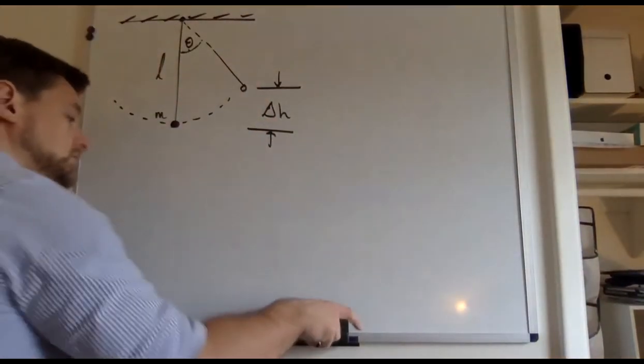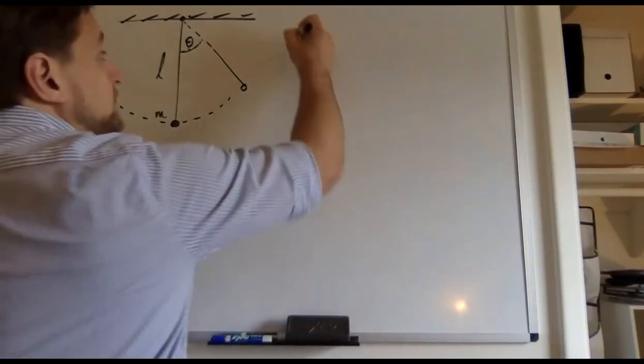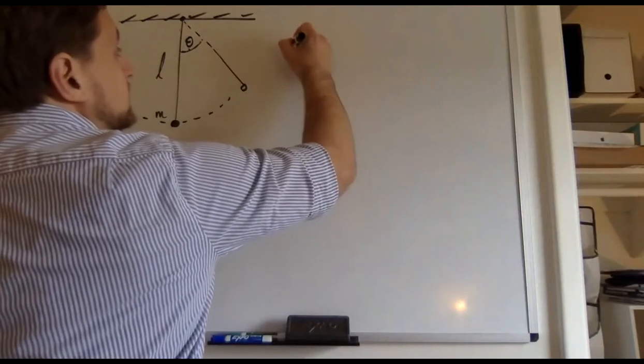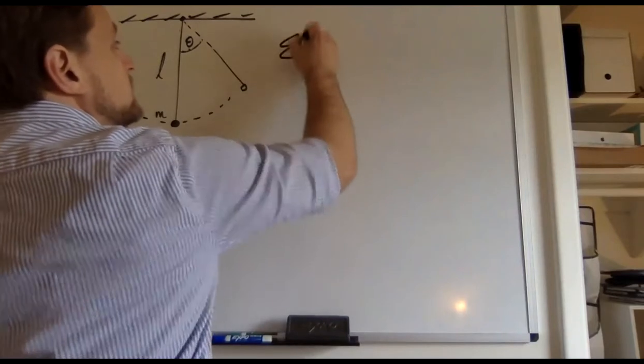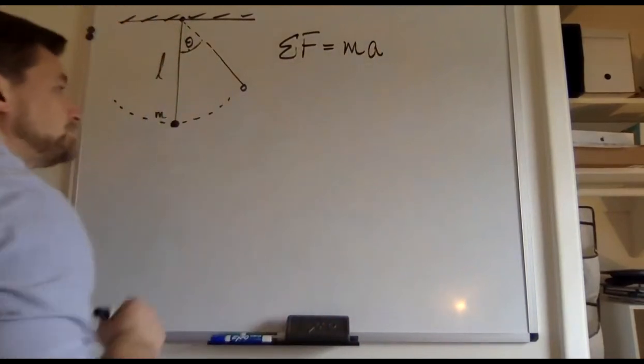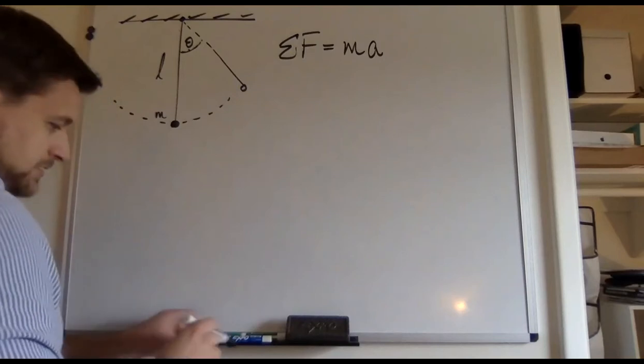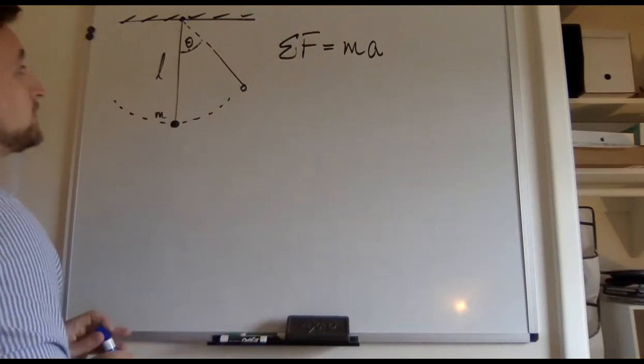Well, in order to figure that out, we have to figure out what Newton's second law looks like. The sum of the forces should be the mass times the acceleration. In this configuration, let's draw a free body diagram.